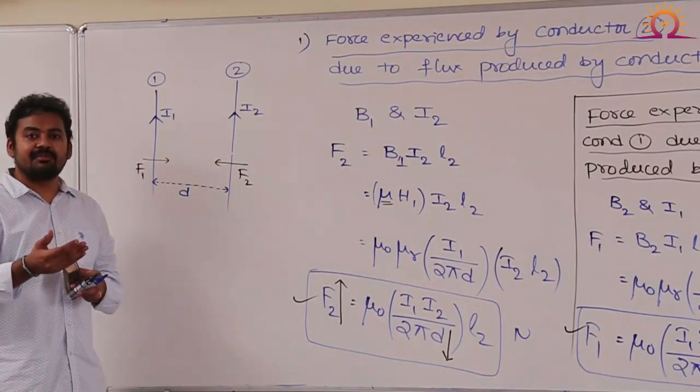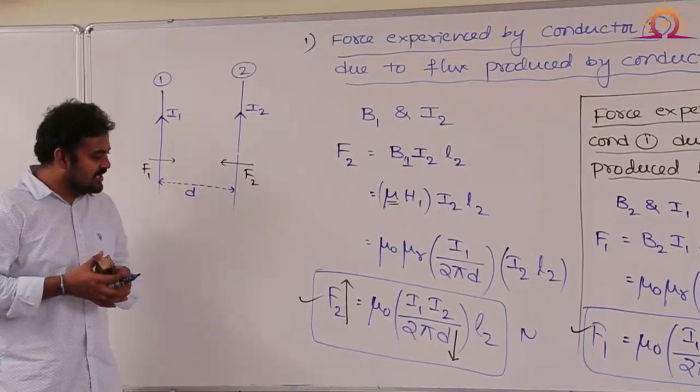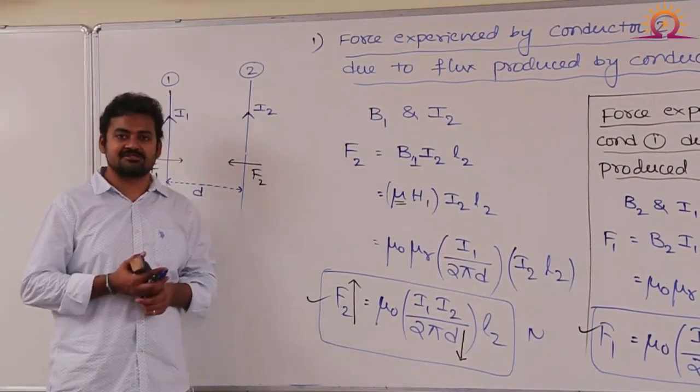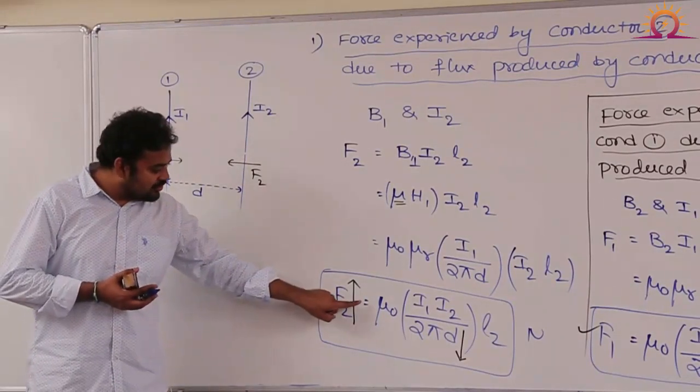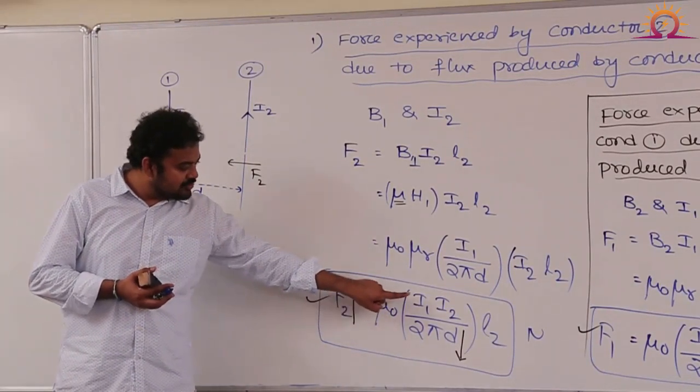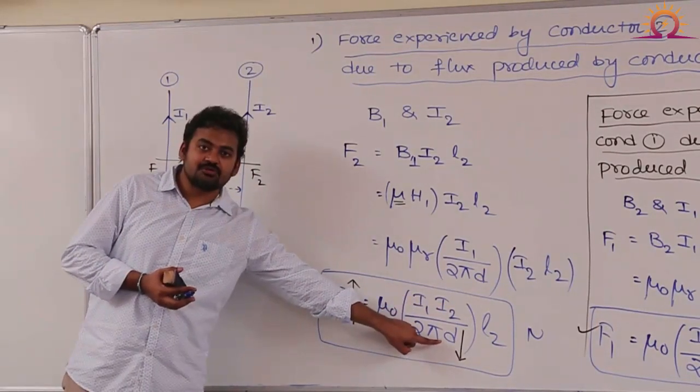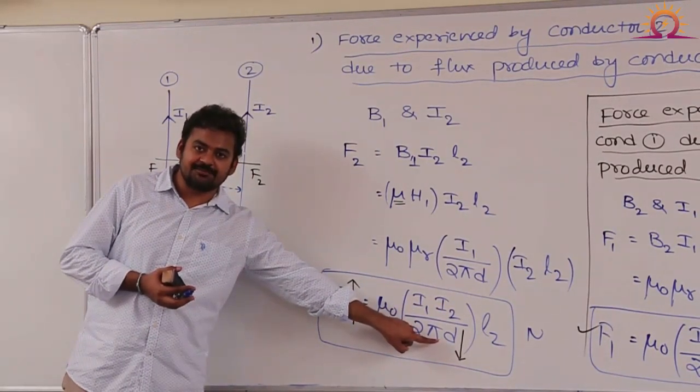That means if the magnitude of the current increases, the magnitude of force between the two conductors also increases. Okay. So force is proportional to permeability, proportional to the currents carried by the conductors, but inversely proportional to the distance between the two conductors. Okay.